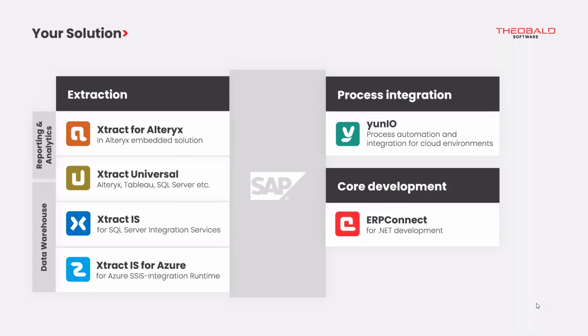So what then? What comes after ERP Connect services? What we offer here is Unio as a connector, especially for cloud environments. It does not only work with cloud environments, it also works within on-premises environments, company networks which are not in the cloud, which are not exposed to the web.